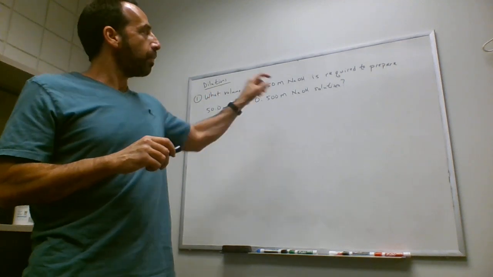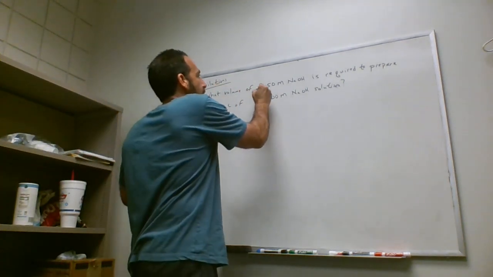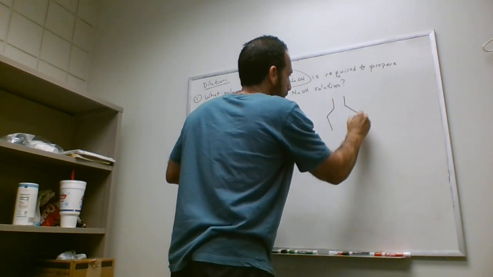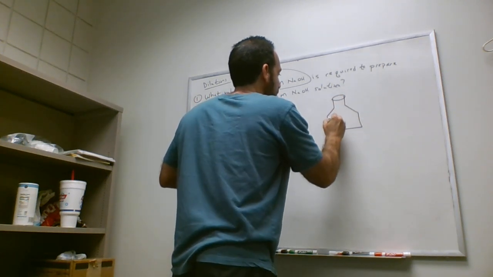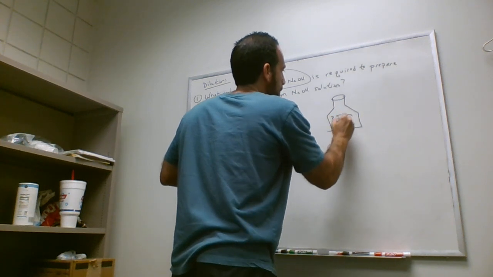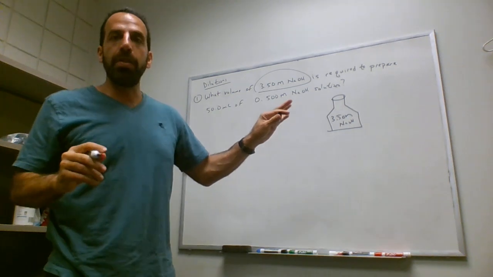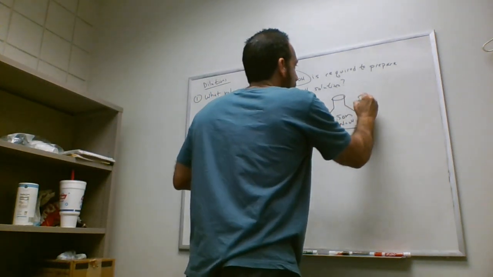What volume of 3.5 molar sodium hydroxide? So say I have a bottle of sodium hydroxide solution. This is your stock solution, the solution that you start off with. So oftentimes we'll call this the stock.